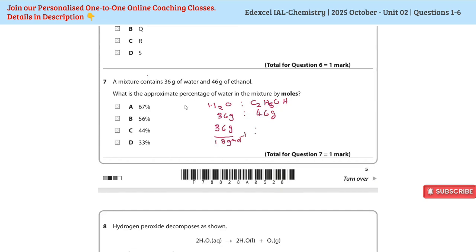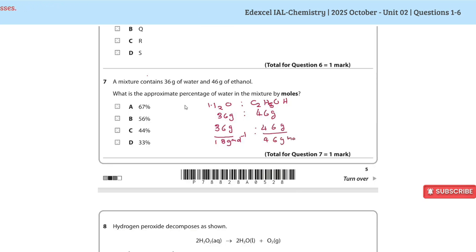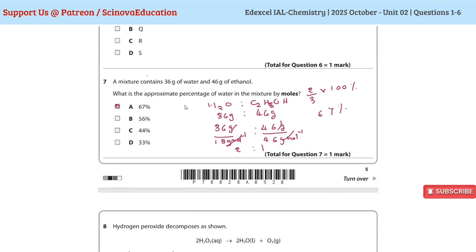Then we can calculate the molar mass of ethanol, and it ends up as 46 grams per mole. When you simplify this, you will get the ratio as 2 to 1. As a fraction by moles, the water content of this mixture is 2/3, and as a percentage it is going to be 67%. The answer is option A.